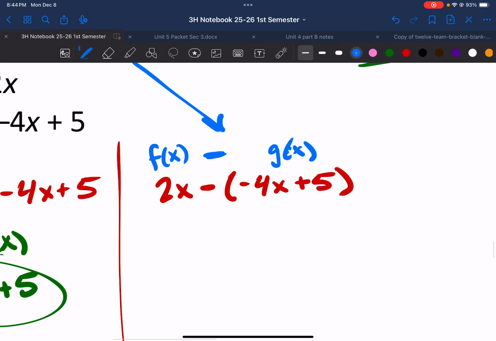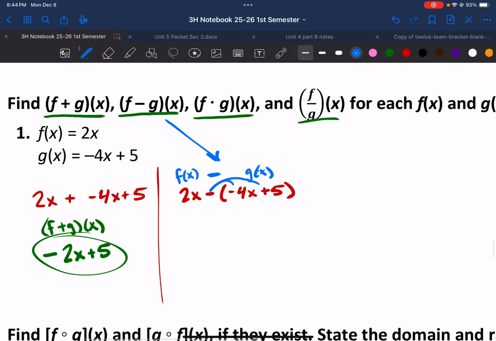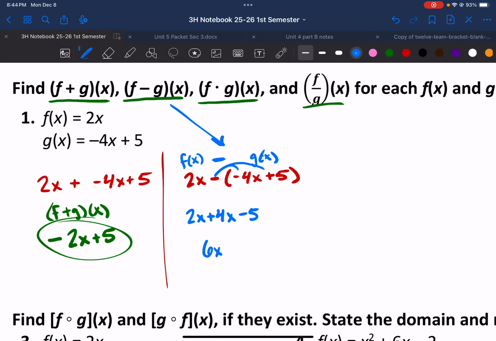Now this is where the parentheses are important, because I'm subtracting, I'm going to distribute the negative. Distribute the negative, combine like terms. Nope, that's a minus. And that is f minus g of x.